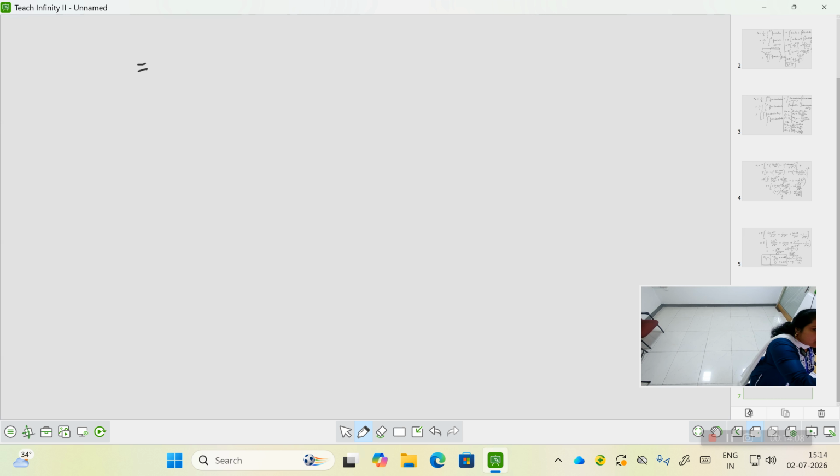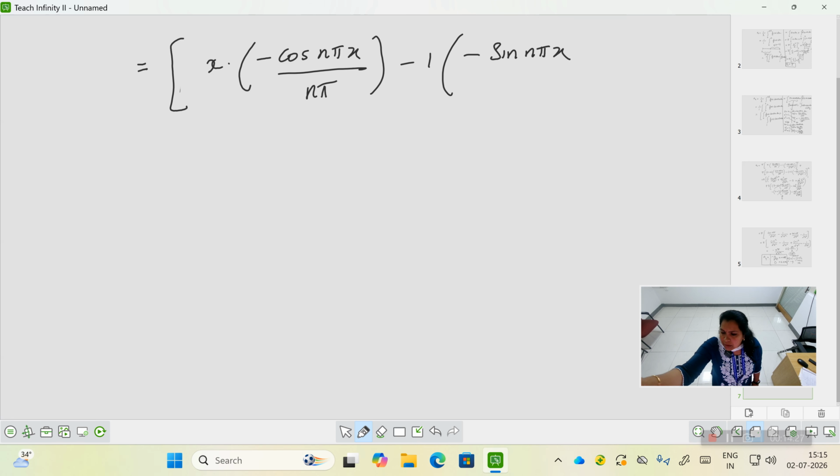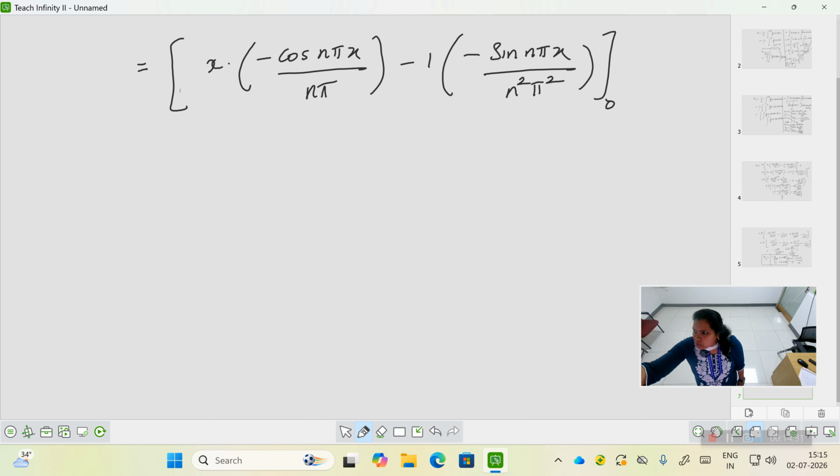So substitute here, 0. When you substitute, you can automatically change the integration to square brackets: x into minus cos n pi x by n pi, minus 1 into minus sin n pi x by n square pi square, where the limit is from 0 to 1, plus.